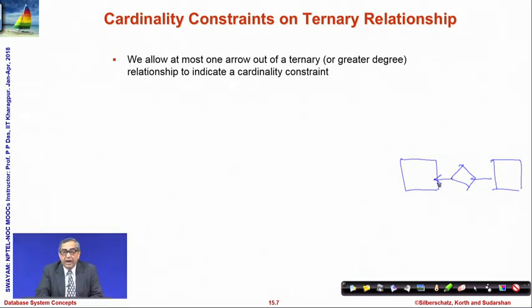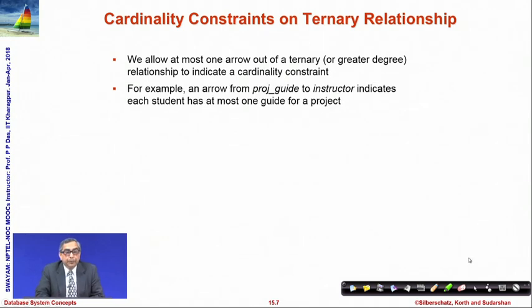But if we have an arrow on one side, then the arrow side is 1. So, from entity set E 1 to E 2, this is 1 to many. We could have an arrow at both ends, and that means 1 to 1. Now, the question is what the meaning of an arrow is in a ternary relationship.